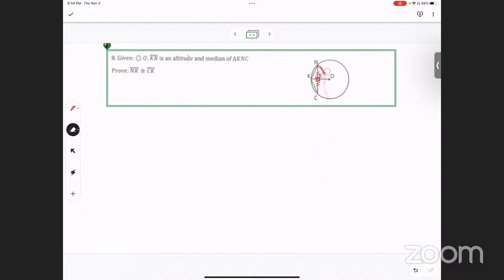We don't even need these right here, as it turns out, because we have this one right there. What is it called? Reflexive property, right? Since this is equal to itself, we actually have side angle side. And side angle side will establish that these two triangles are congruent, and then NK and CK by CPCTC. Okay. Got it? Yeah.